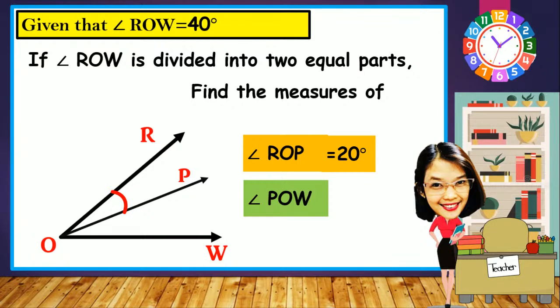Again, specify your answer by adding the name of the given angle. Okay, that's correct. Angle POW is also 20 degrees. And again, what did you do? You divide 40 by 2.